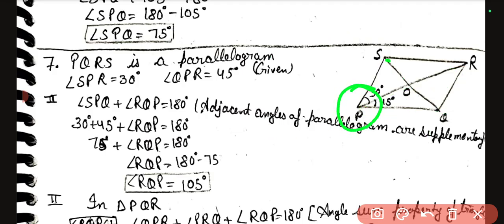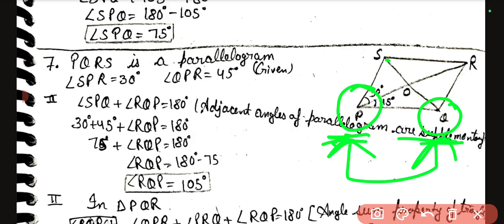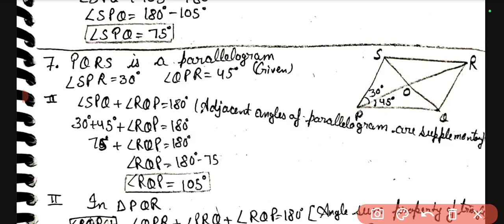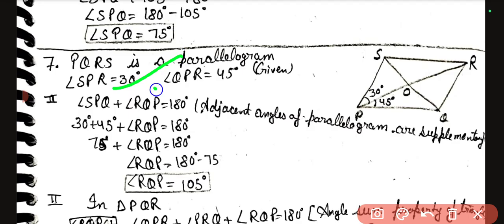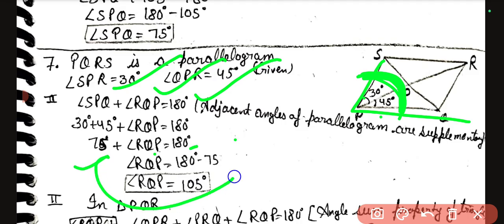SPQ and RQP, the sum of these angles is equal to 180 degrees, because they are adjacent angles. What is the value of P? 30 plus 45, their sum is 75. So you can write SPQ plus RQP is equal to 180 degrees. Now subtract 75, and you get the value of RQP.